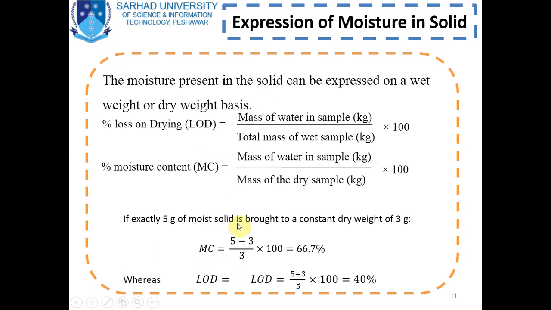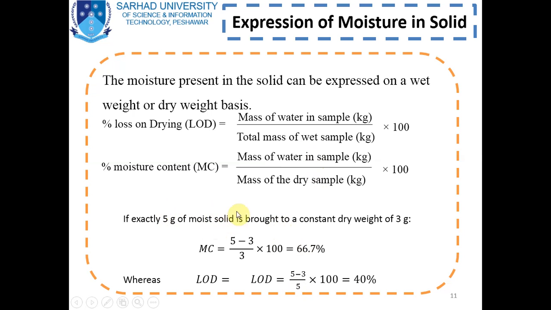And for the percent LOD, we have to put in the values, that is the mass of water in the sample. Again, I am going to subtract 5 minus 3 to get the mass of water in the sample, and then we take it over the weight of the wet sample, that is the total weight, which is the sum of the moisture plus the dry sample.